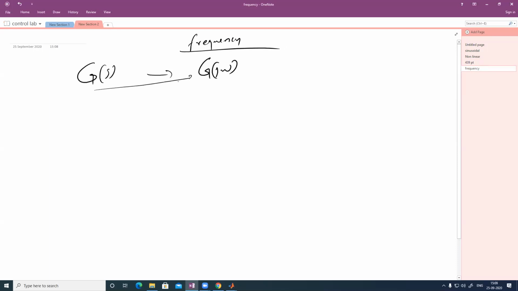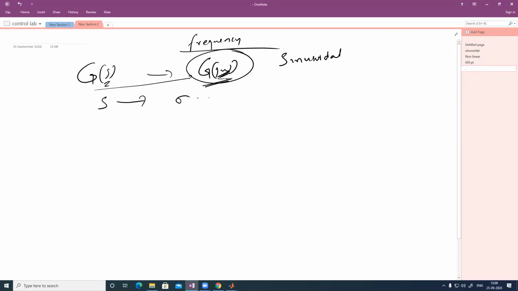This G of J omega sums are taken last week. How it is coming, how we can use that frequency response analysis. So the G of J omega is sinusoidal transformation. So S is replaced by J omega.